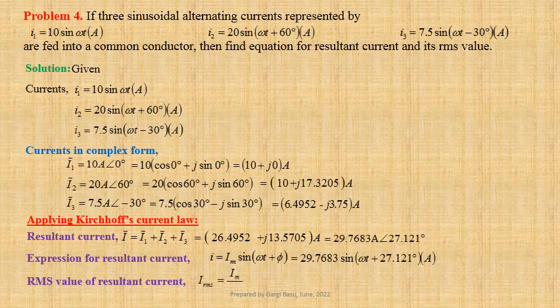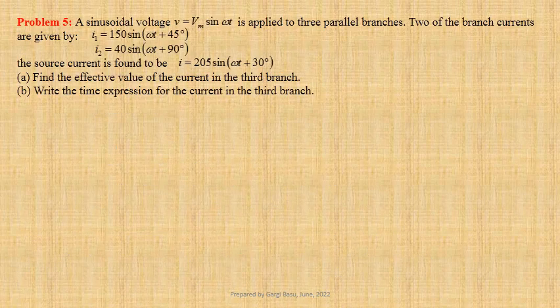IRMS equals Im by root 2, that is equal to 29.7683 divided by root 2, that gives us 21.0494 ampere.